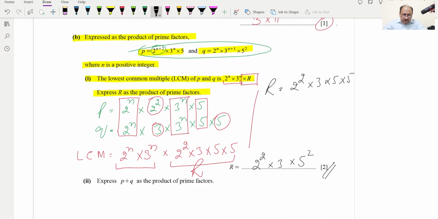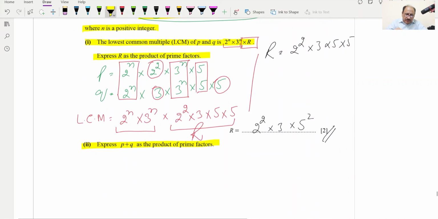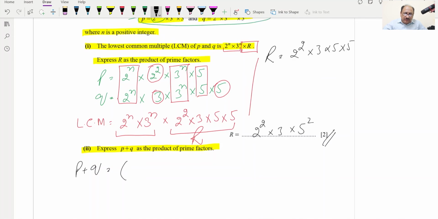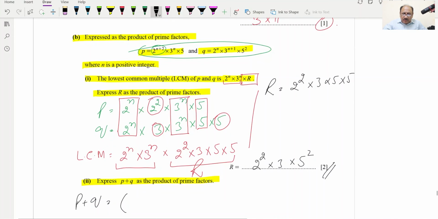Then they are saying in the next part, express p plus q as the product of prime factors. So p plus q will be equal to, we can write p as it is given, 2 raised to the power n plus 2, 3 raised to the power n multiplied by 5.